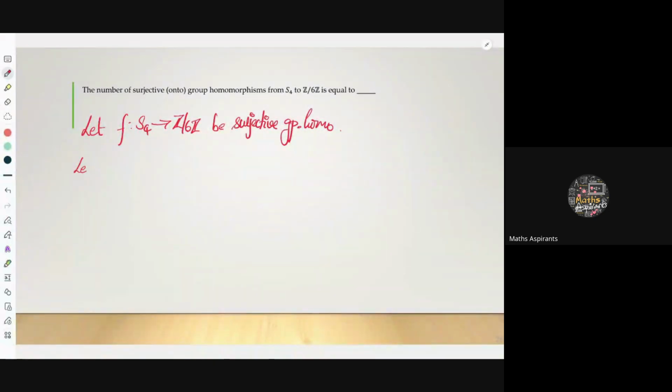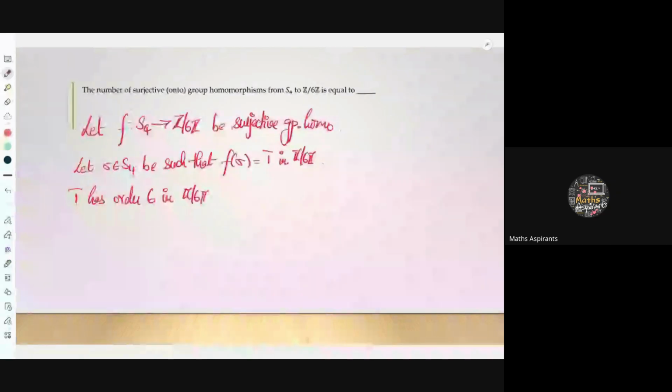So let sigma in S4 be such that f of sigma equals 1 bar in Z mod 6Z. So since 1 bar has order 6 in Z mod 6Z, this implies 6 f of sigma is 0 bar.